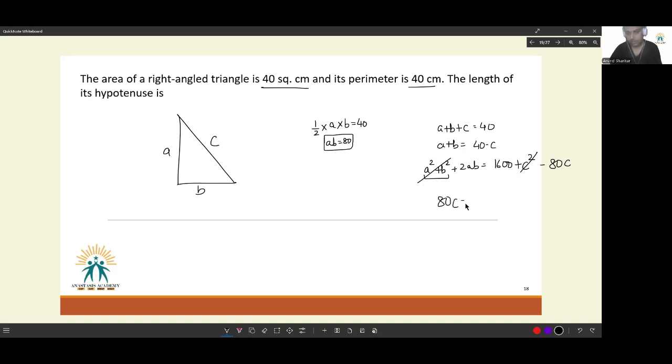I get 80C is equal to 1440, or C is equal to 18. The value of the hypotenuse is going to be 18. This seems like a geometry question, but is actually an algebraic manipulation question.